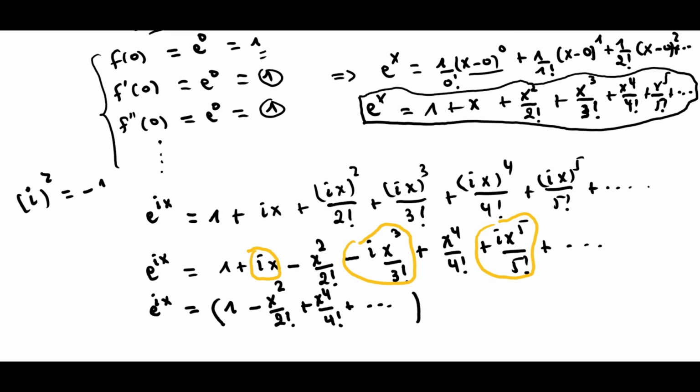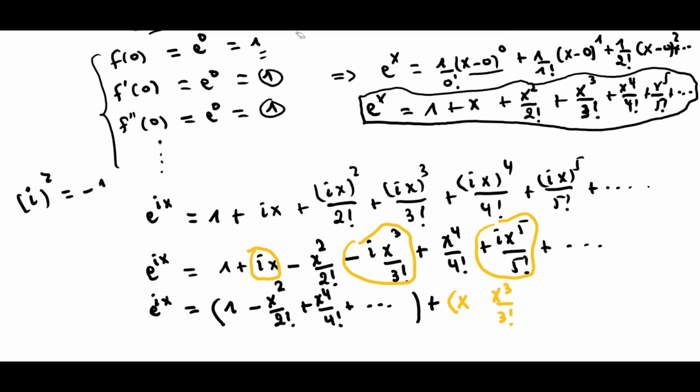And the imaginary part will be, we start from here, we have ix, we have x, and we have ix power 3, then x power 3 over 3 factorial. Now, is it plus? It's minus. I have a minus sign.